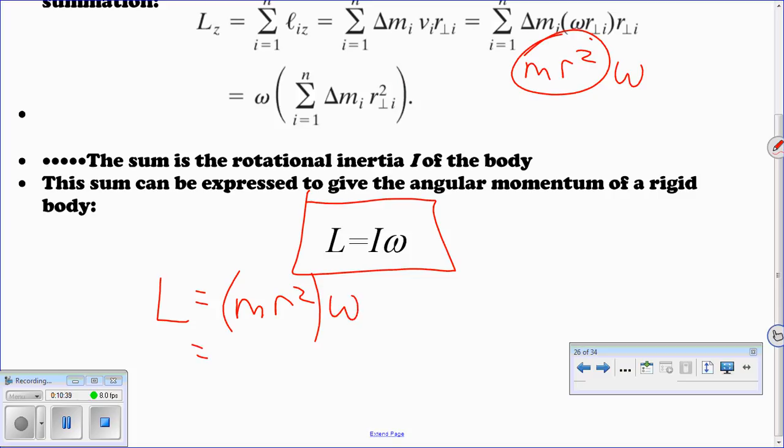Okay, well, this is mr squared times omega. And then what's r omega? V, right? So this is mRV. That's the equation that I gave you guys on Thursday, right? So if you understand this, honestly, that's kind of like the heart of angular momentum, is that one equation. Cool?